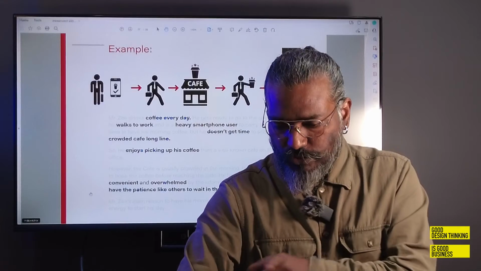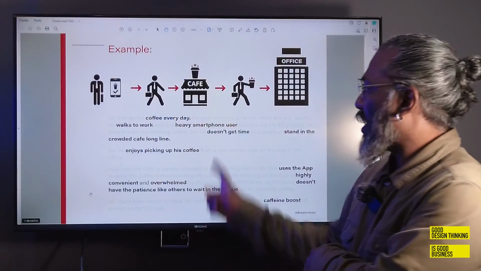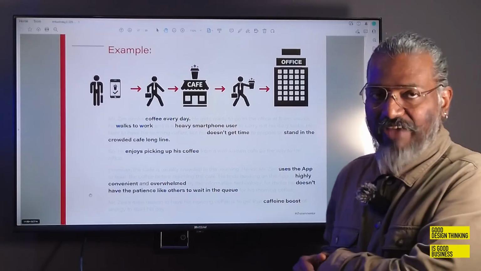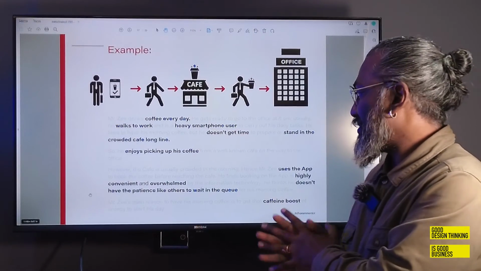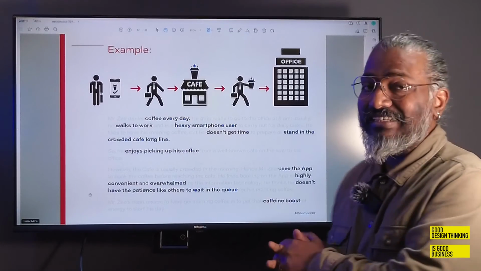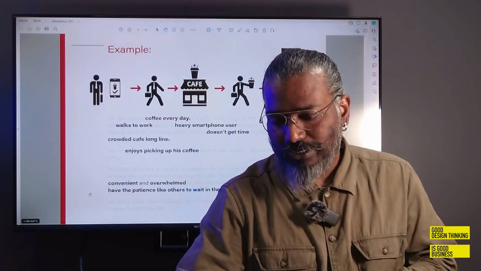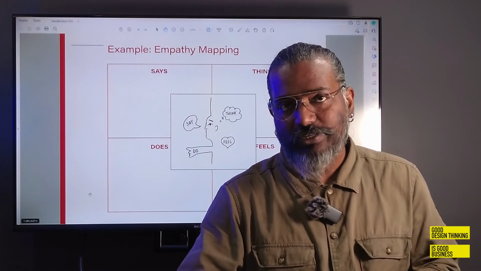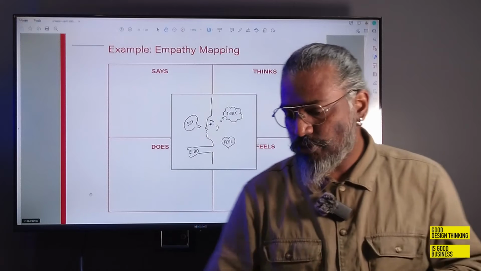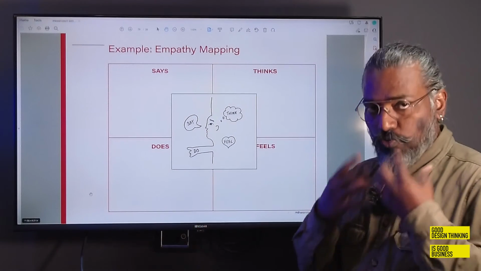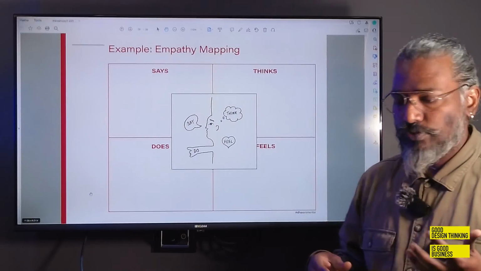These attributes, like we figured out, he said why he drinks caffeine, and he feels he doesn't have patience. Getting my point? Okay, so let's look at this. This image clearly tells that you say, you do, you feel, and you think. You use the mind, heart, words to express.